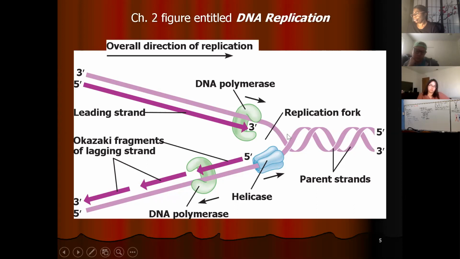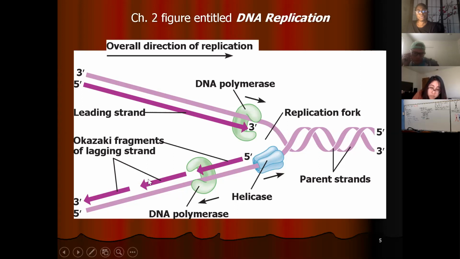And now you're going to get DNA fragments initially. That is called Okazaki fragments, because this is the Japanese scientist's name who discovered it. Then there's going to be a third enzyme called ligase that is going to tie these Okazaki fragments together.